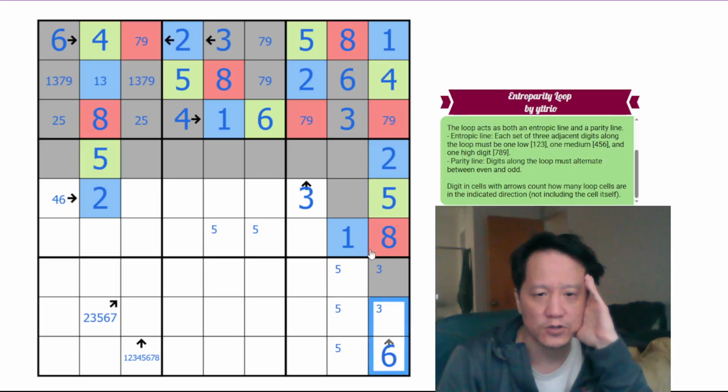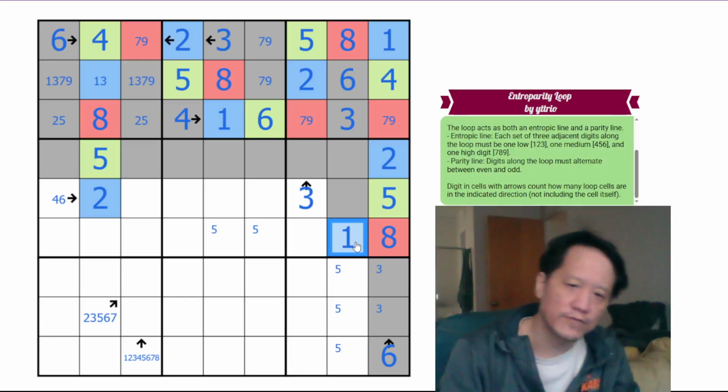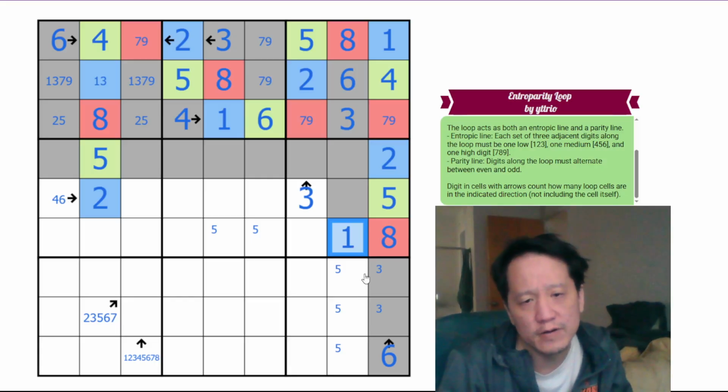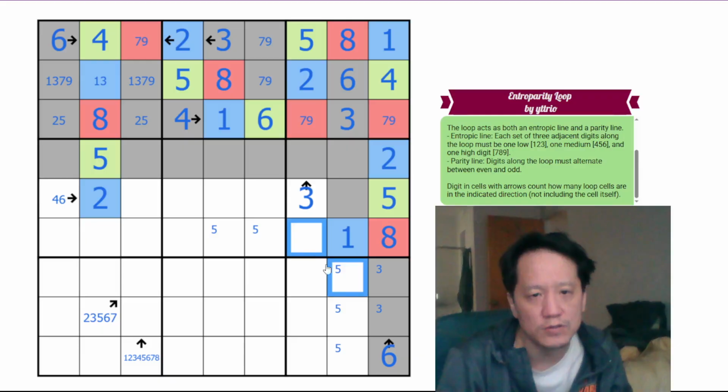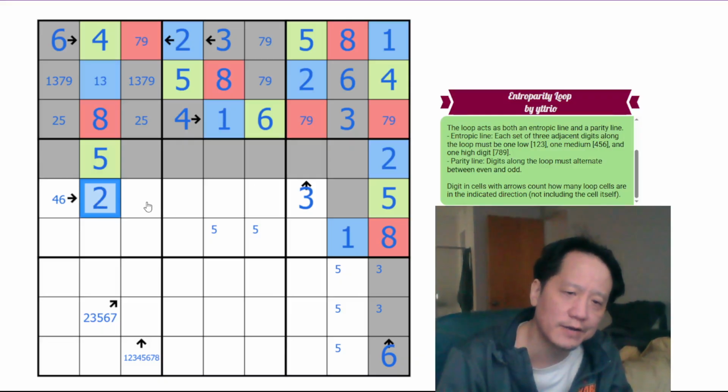These can't be on the loop because it would have to go in and touch itself. So this is not on the loop there. We have to have a medium even digit, which could be either of these. Then a high odd digit. Oh, this has to be high odd.